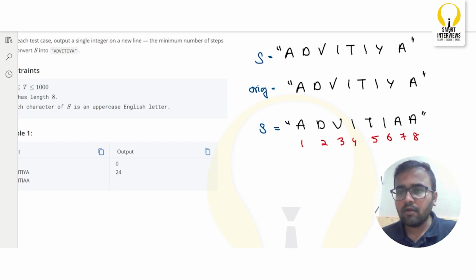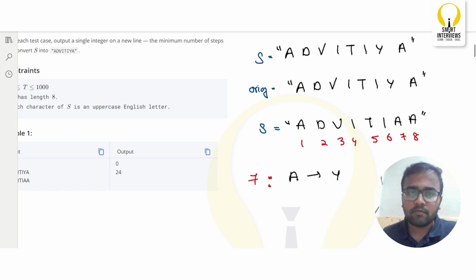Nothing here, nothing here, nothing here. But coming to this character, here we are supposed to convert our a to y. According to the example, at the 7th character, you need to convert a to y in the minimum number of operations.